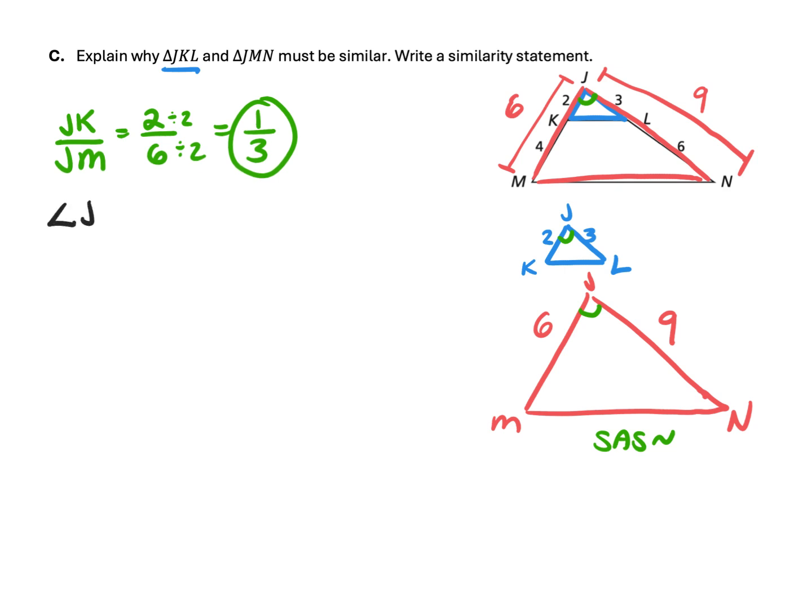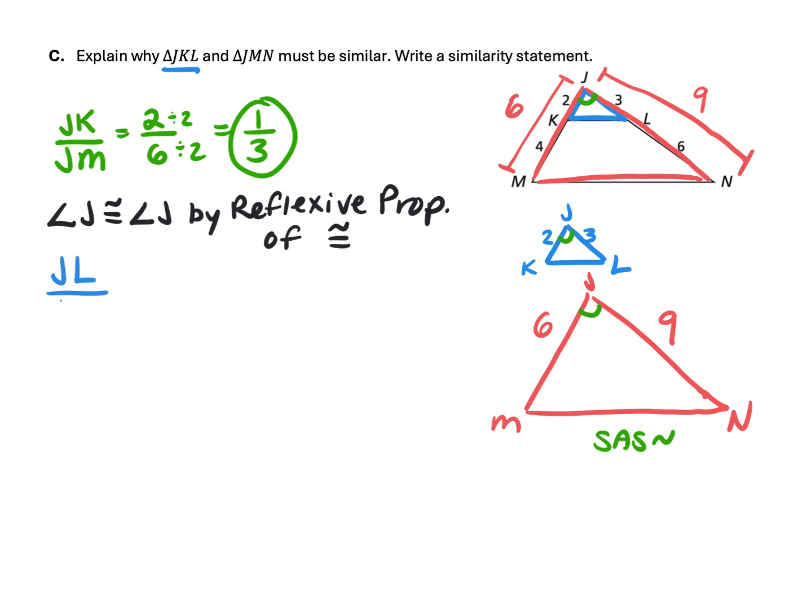So angle J is congruent to angle J by the reflexive property of congruence. And then let's check the other side ratio. That is side JL over side JN. And that is 3 over 9, which if we divide by 3, also reduces to 1/3.